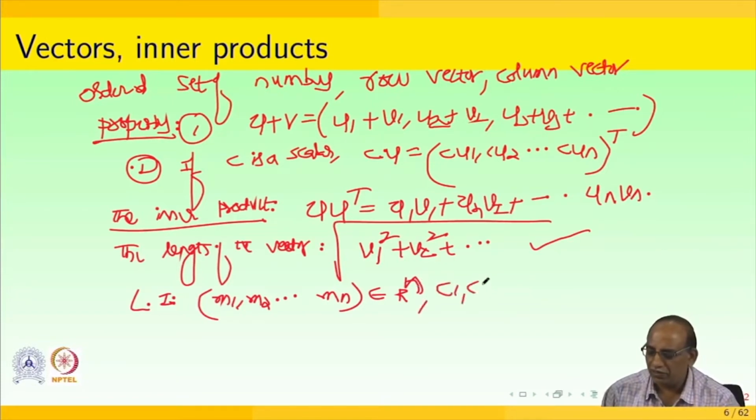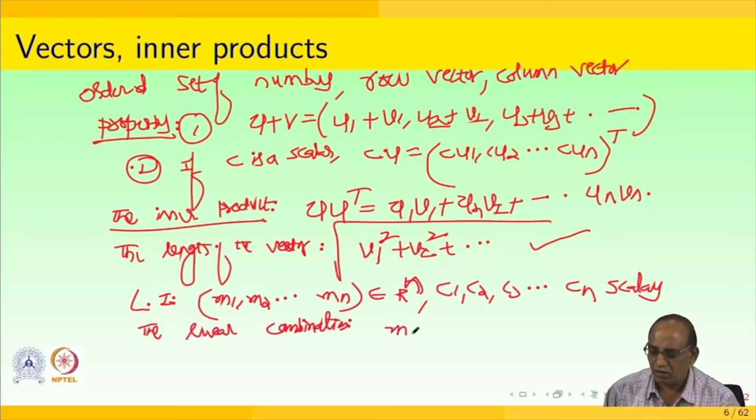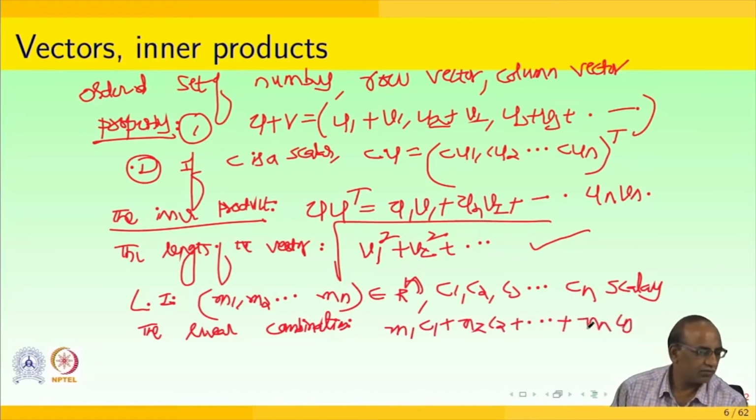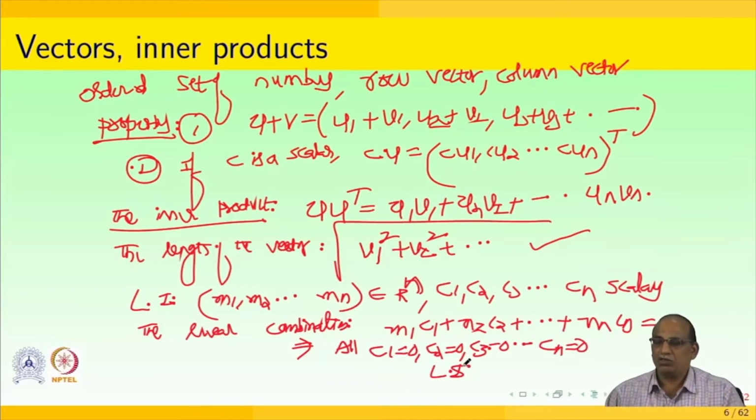And there are scalars C1, C2, C3, ..., Cn. Then if the linear combination C1 m1 plus C2 m2 plus ... plus Cn mn is equal to 0 implies that C1 is 0, C2 is 0, C3 is 0, all the way to Cn equal to 0, then we call it linearly independent. So the vectors are said to be linearly independent vectors.